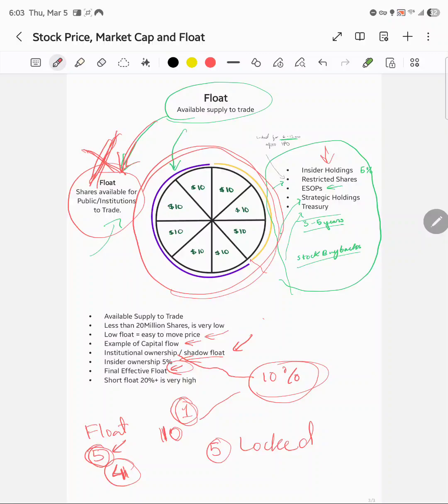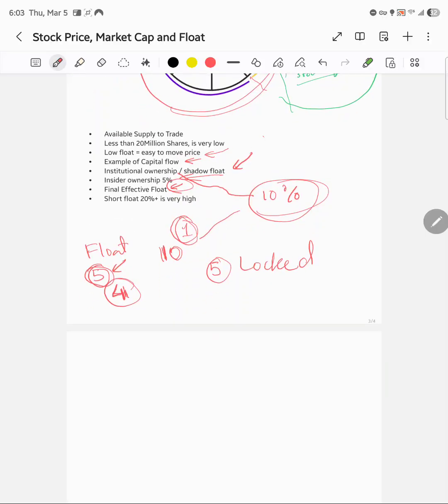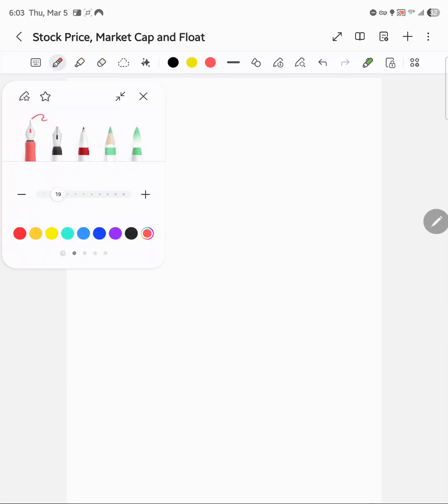So keep in mind. Now, what is the result of institutional ownership? This is what it looks like when there's low institutional ownership. Okay? This is what the price might look like.